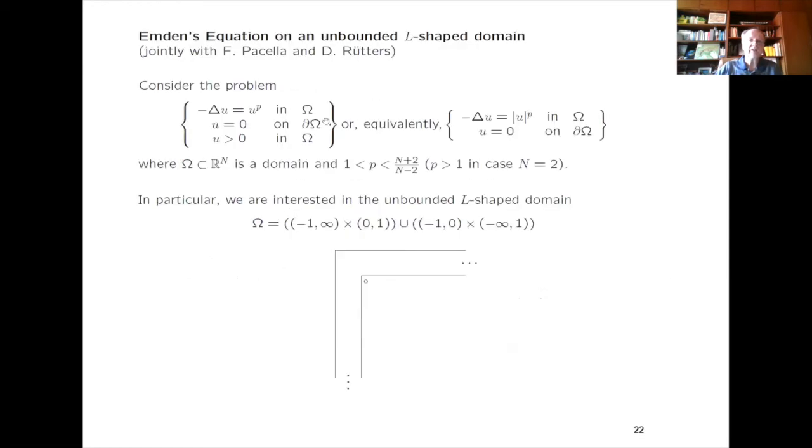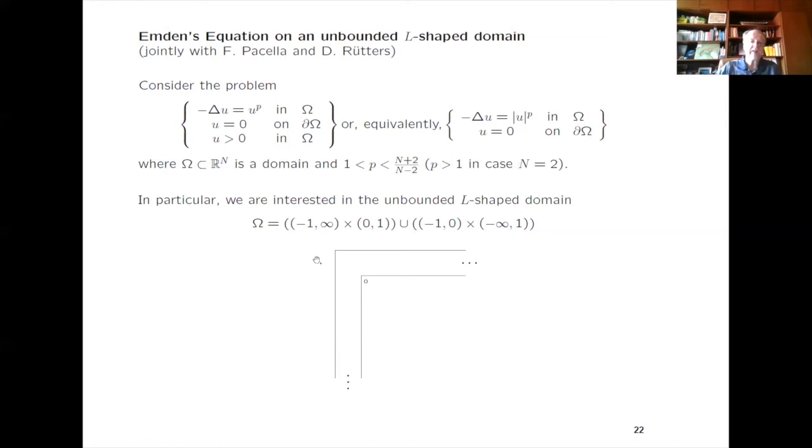Okay, another example was this one with Pacella and Rütters, Emden's equation, minus delta u equals u to the p, on some domain, and we're looking just for positive solutions. By the maximum principle that's equivalent, so we can write it as a problem with a modulus, |u| to the power p.